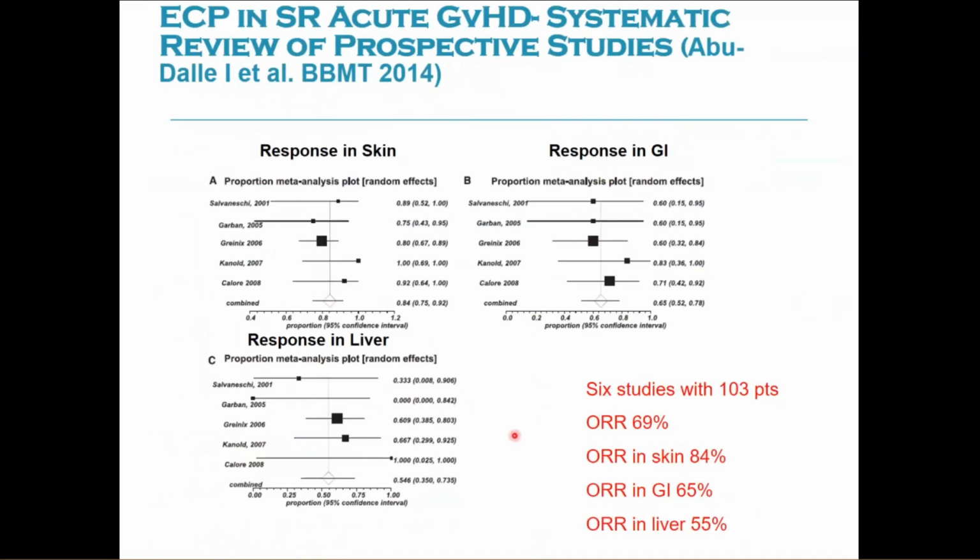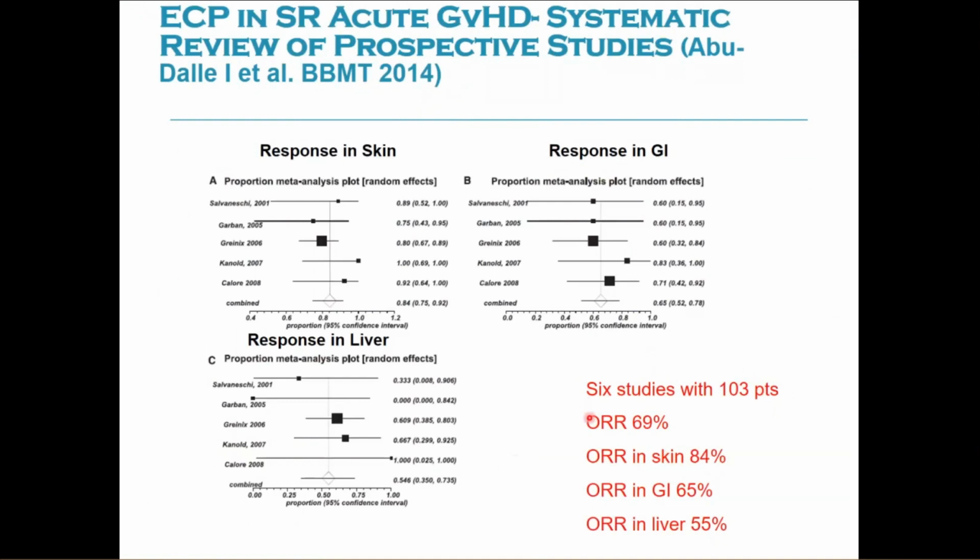In a review by Abdul, published in EBMT 2014, the data from 6 ECP studies with 103 patients were reviewed.